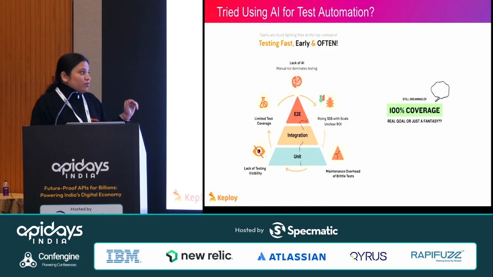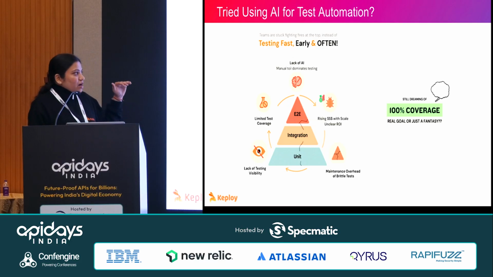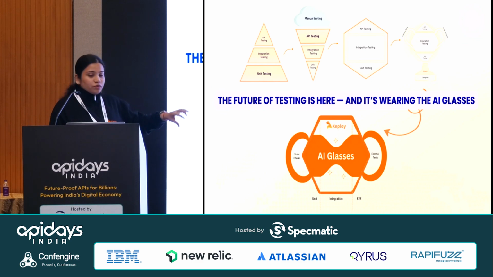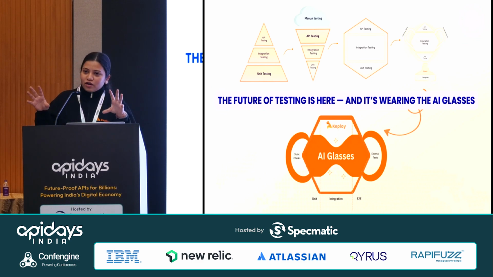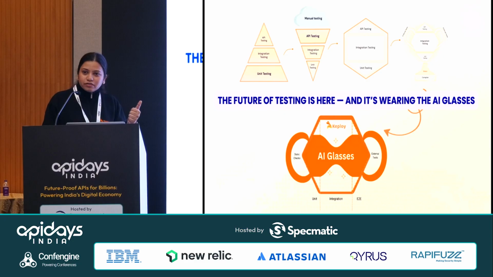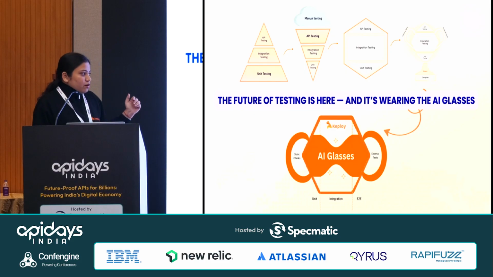So there are certain limitations up to which GenAI is not able to make it. But I believe in this GenAI era, we're coming to the AI glasses model where most of the unit test cases GenAI is able to cover. You use ChatGPT, Gemini, you will be able to get to 70-80% coverage.